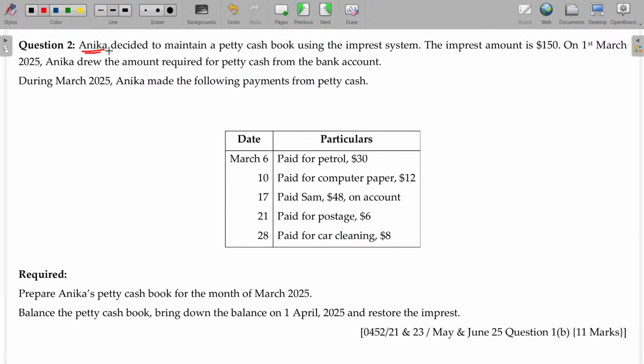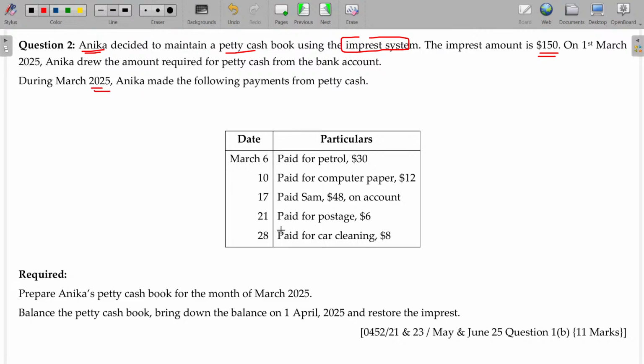Anika decided to maintain a petty cash book using the imprest system. The imprest amount being 150 on 1st March 2025. Anika drew the amount required for petty cash from the bank account. Okay. 1st March. And during March 25, Anika made the following payments.